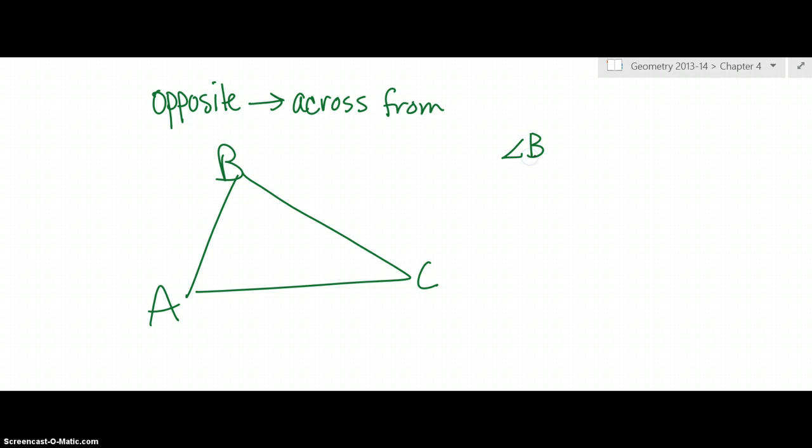What side would you say is across from angle B? AC, right? So angle B is opposite or across from side AC? Because I could point to that, right? So what angle is opposite of side BC? We'll come back to it.